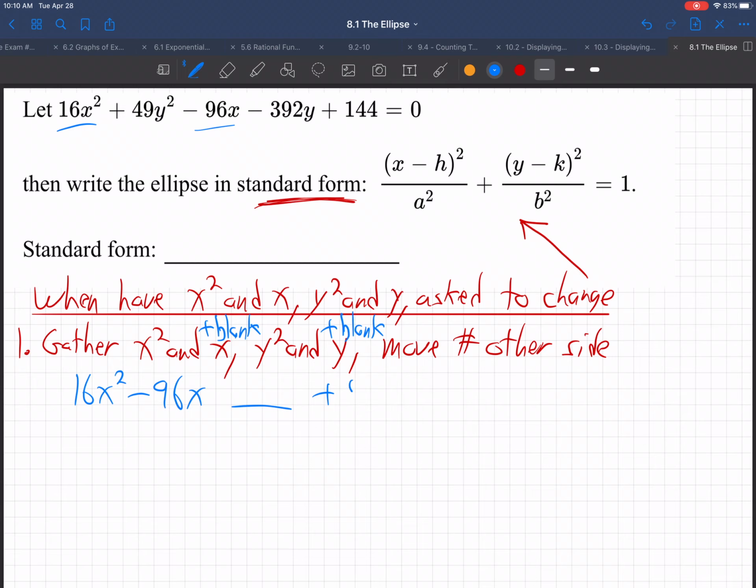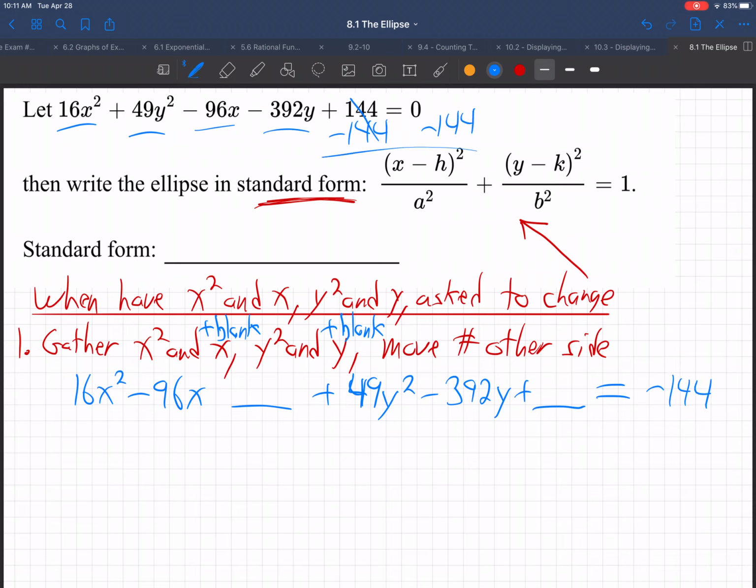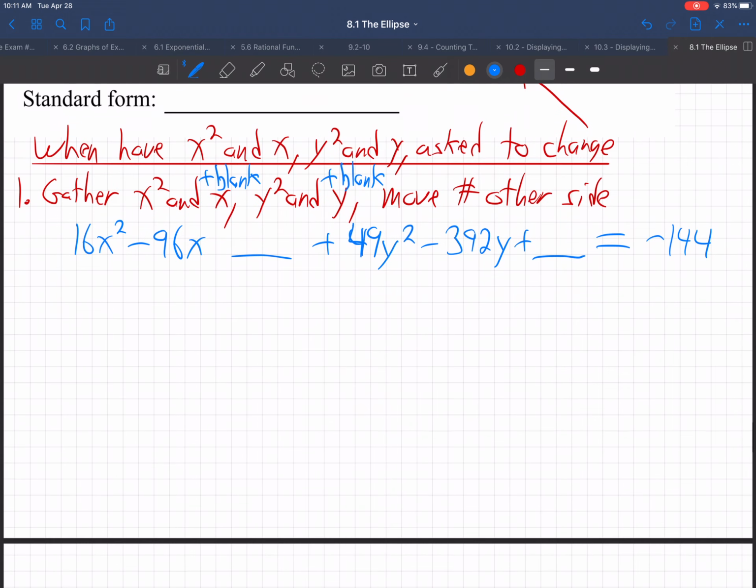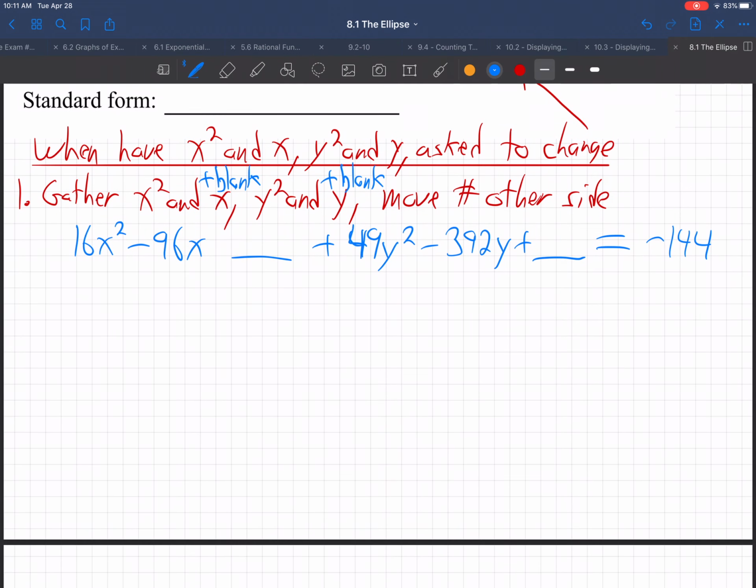Then we're going to have plus 49y squared minus 392y plus a blank equals, and then the 144, I'm going to subtract 144 from both sides, moving it to the other side. So there's the first step.